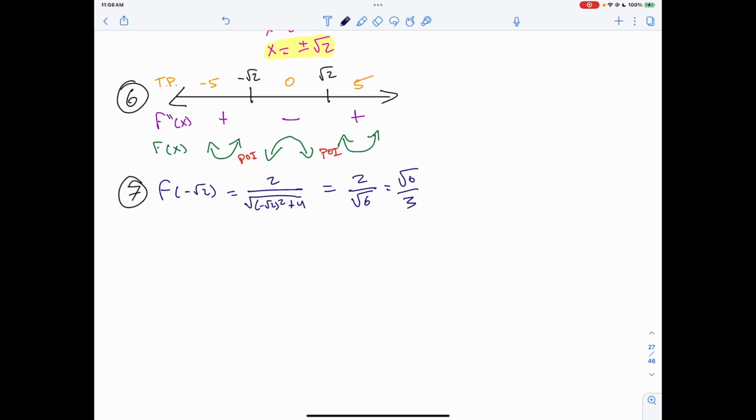I can take f of +√2, which is going to give me 2 all over the square root of √2 squared plus 4, which once again will give me 2 over √6, or √6 over 3. Sorry, √6, not √3.